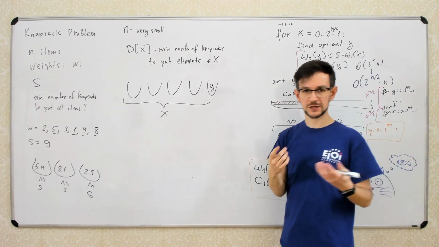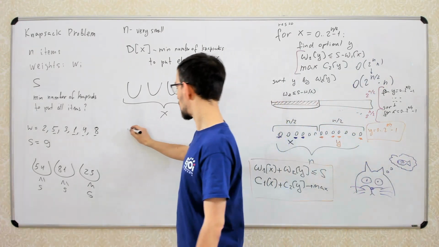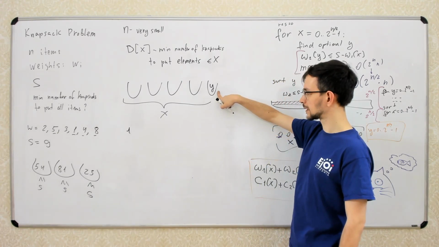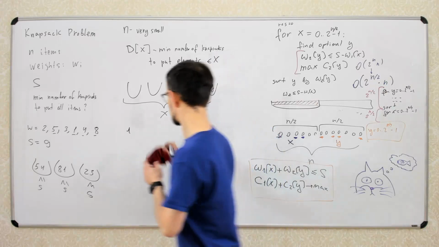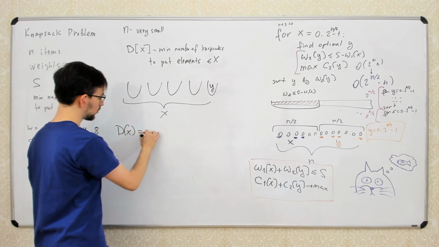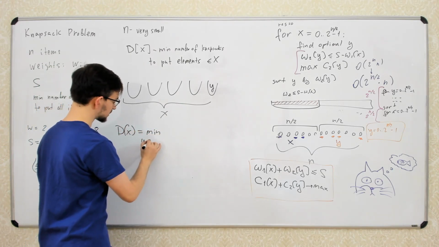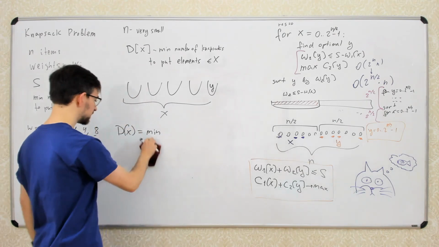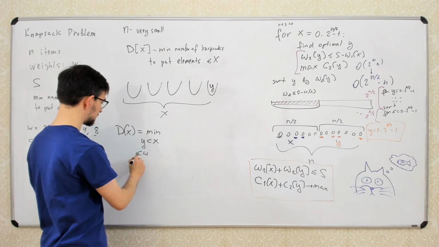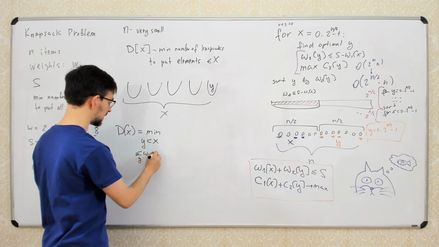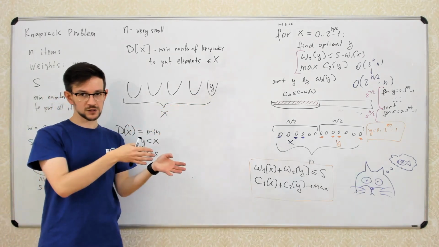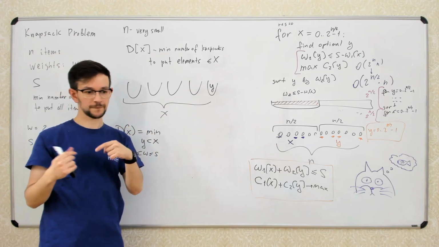Then how many knapsacks do you need? Then you need one knapsack for this last Y. Let's just do it like this. D of X will be the minimum over all subsets Y of X, such that the sum of all elements in subset Y is no more than S. So we just iterate all possible subsets of X which you can put in one single knapsack.